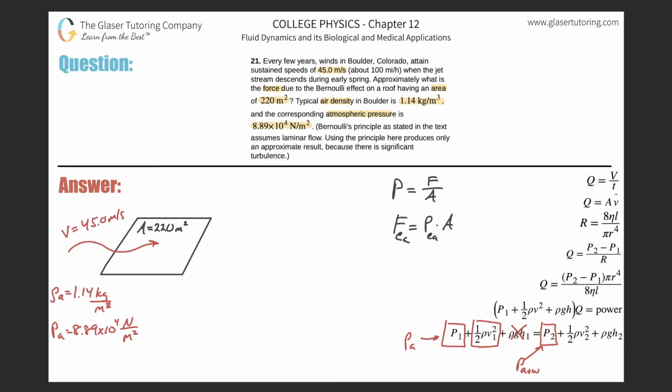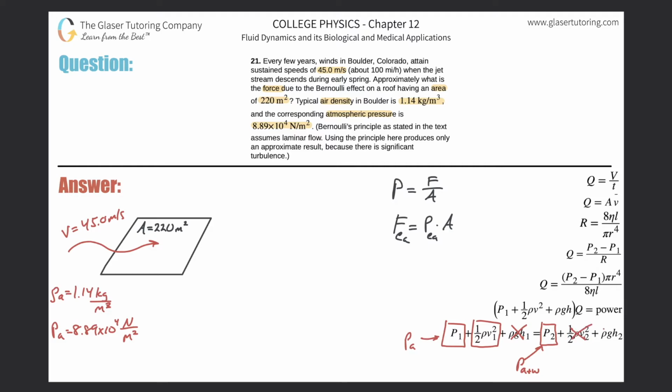That's going to be at point 2, the location of the roof, and there is no velocity. The roof isn't moving, so that's gone. There is no height change, so that's not present. We can assume that the velocity of the wind, once it hits the roof, stops. That would be a better way to phrase it.